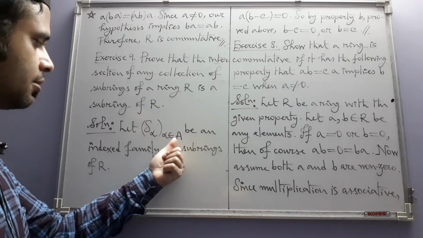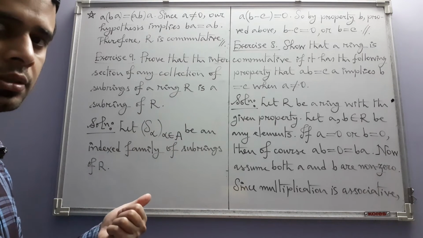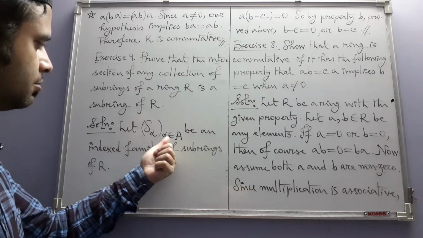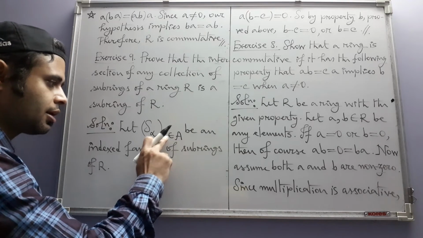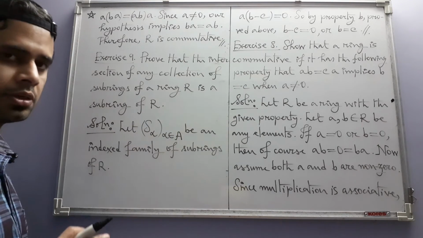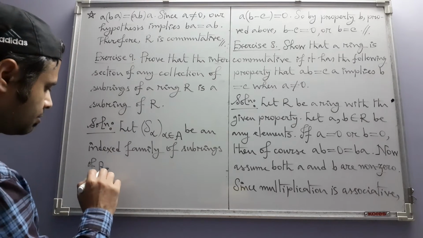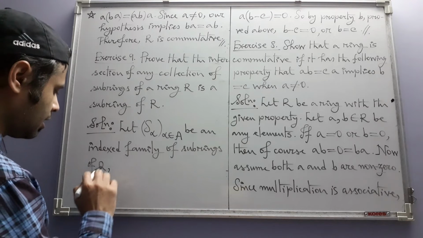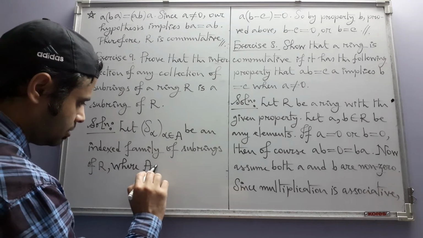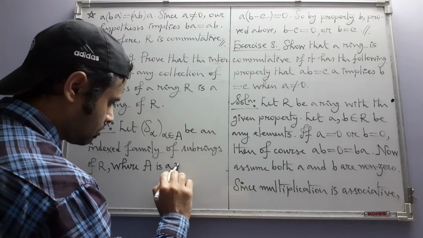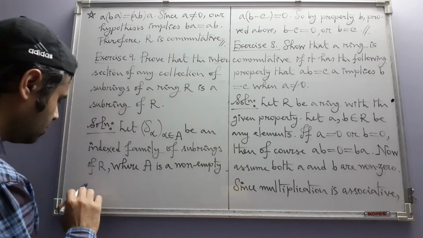Indexed family means we are indexing or labeling the subrings in this collection using some index set A, where for each alpha in A there is a subring S alpha of R, where A is a non-empty index set.